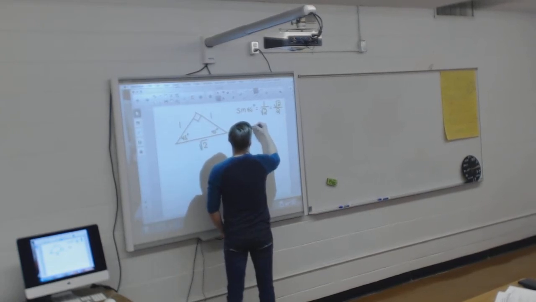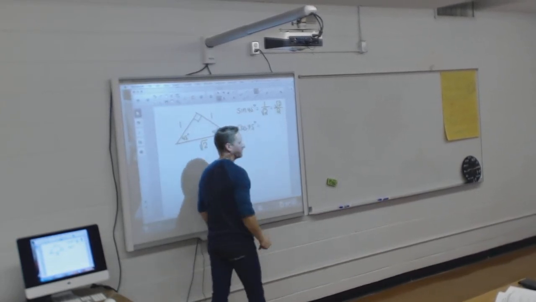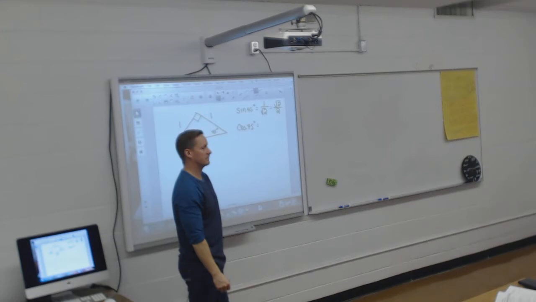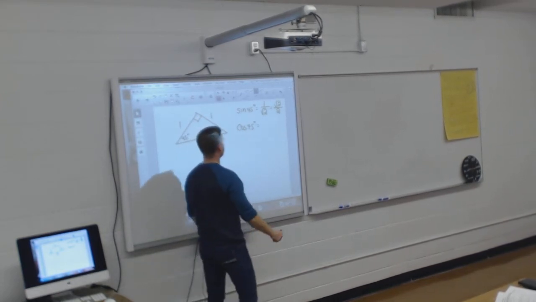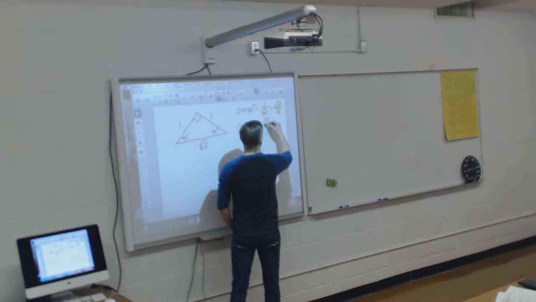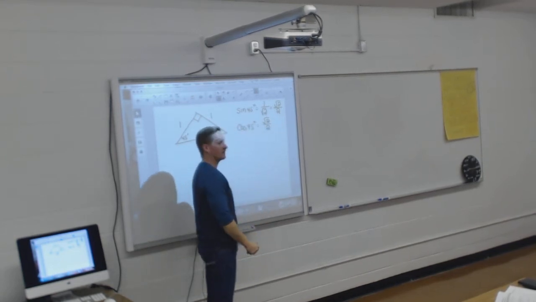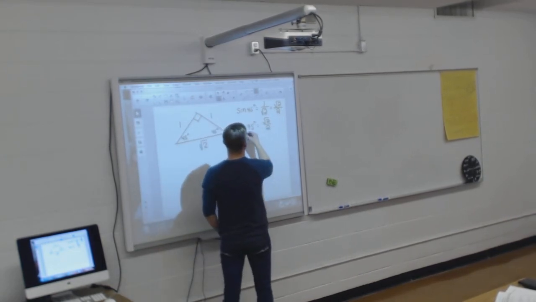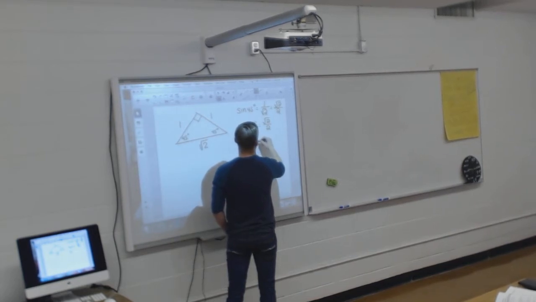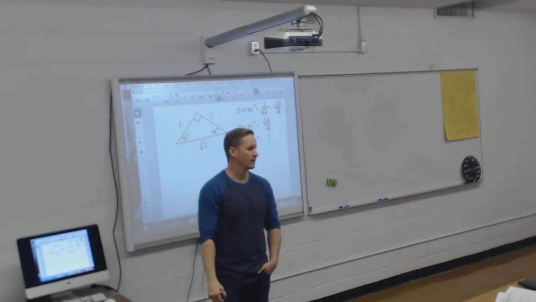What's the cos of 45 degrees? One over square root 2, it's the exact same thing. And what is the tan of 45 degrees? What is it? 1. 1.